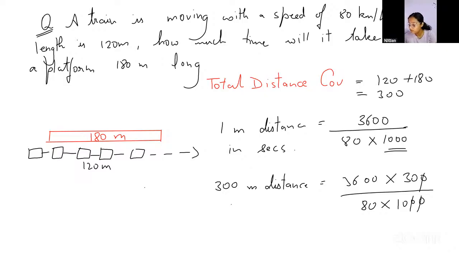Cancel the zeros first. All the zeros are cancelled. Now cancel the numbers.